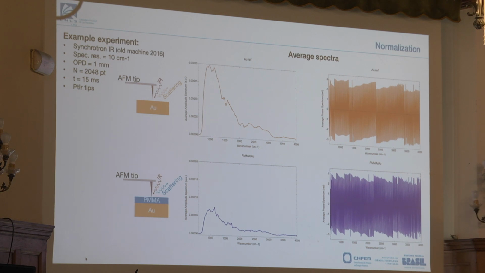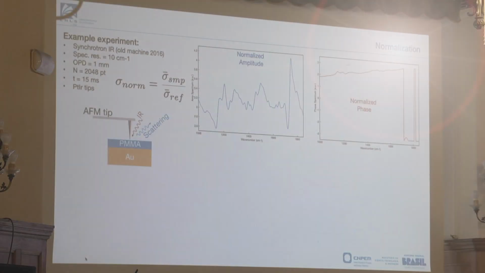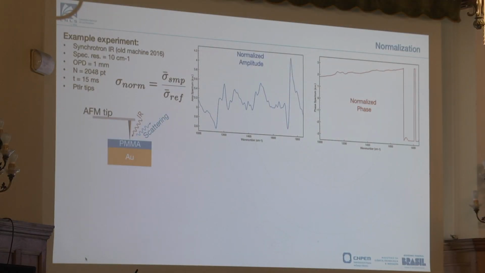As I showed you before, we need to normalize this to actually have a spectrum, and we divide the signal of the sample by the signal or the complex response of the substrate. That's the kind of spectrum we get. So that's the amplitude, and that's the phase spectrum, normalized, right?